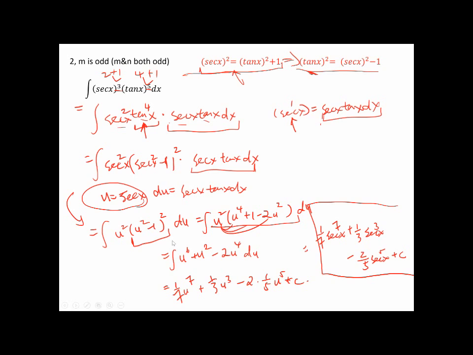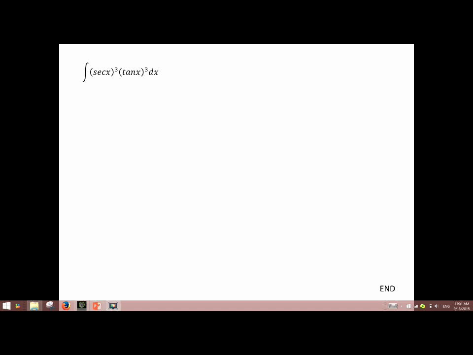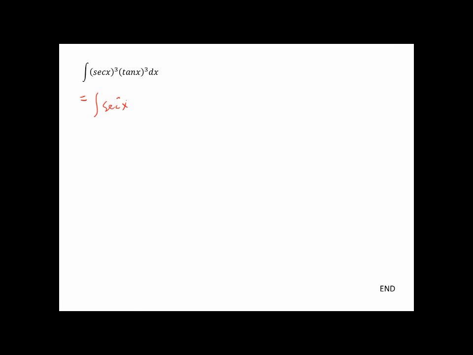Let's see the next problem. Here I'm going to do the same thing. Rewrite it into secant squared tangent x squared by secant x tangent x dx. I want everything in secant, so I have to rewrite tangent squared: tangent squared equals secant x squared minus 1. Copy secant x tangent x dx.